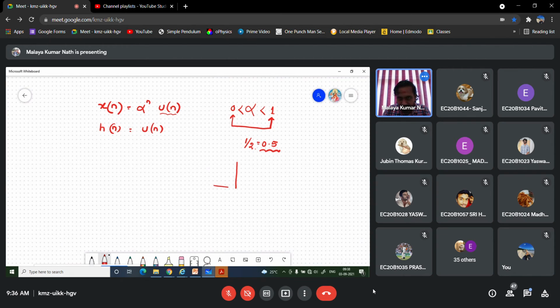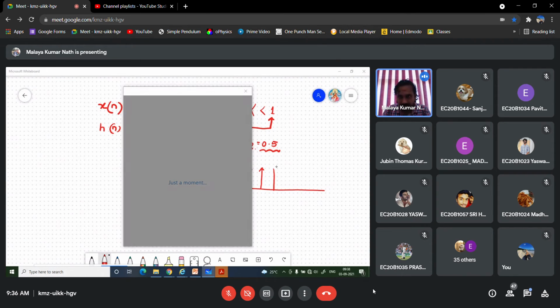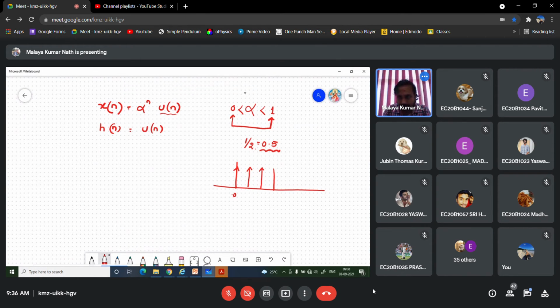So for n equal to 0, the value is 1, for n equal to 1 you get a value, for n equal to 2 you get a value, and so on, up to infinity. This is u of n.